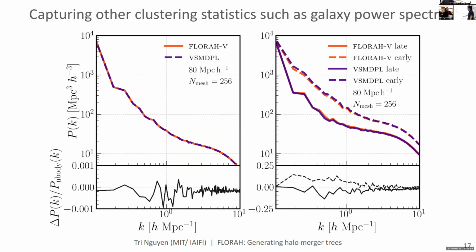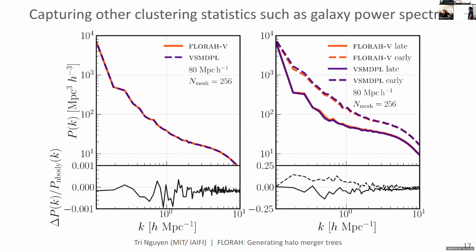And to go a bit further, if you take all this mass and compute the galaxy power spectrum from it, on the right here, you can see that they line up very nicely with the power spectrum. This is just the residual of the power spectrum from simulations subtracted from FLORAH.